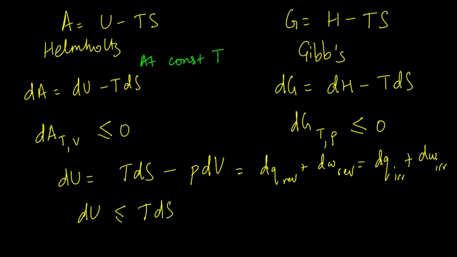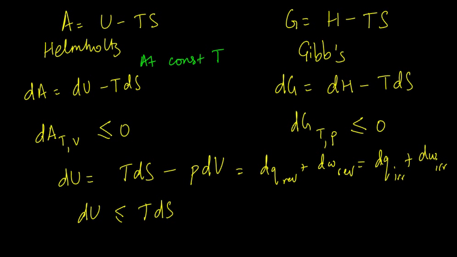Sir, you said that when dV is 0, dS is 0, you have dU less than 0. Equal, less than or equal to 0. Sir, I don't like that. I mean, entropy is constant at constant volume. Remember, this is the entropy of the system.